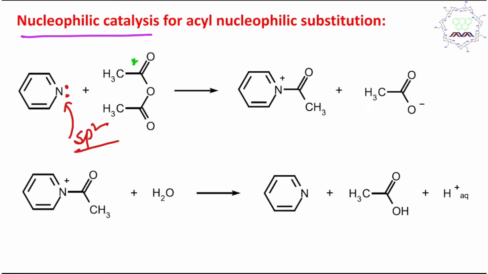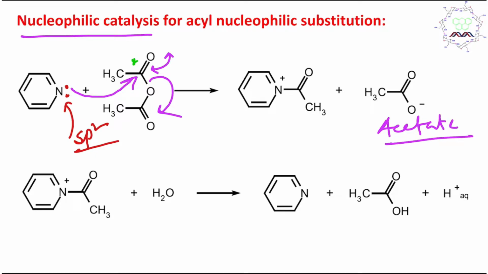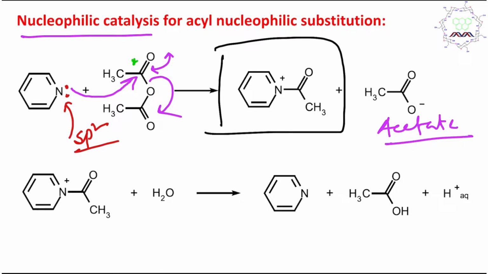So what happens in this case? The lone pair of nitrogen attacks this carbonyl carbon, it opens up, comes back, and it leaves. So one side is the acetate anion and the other side is this cationic species, the intermediate.